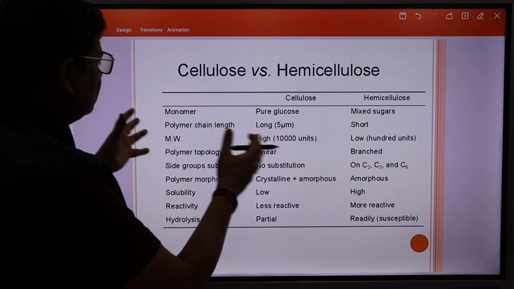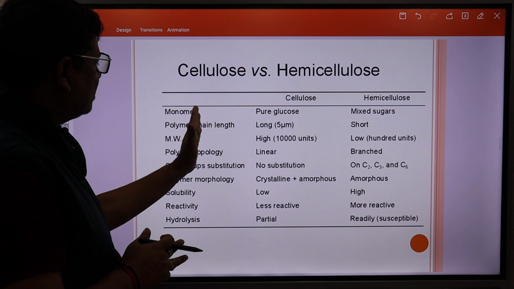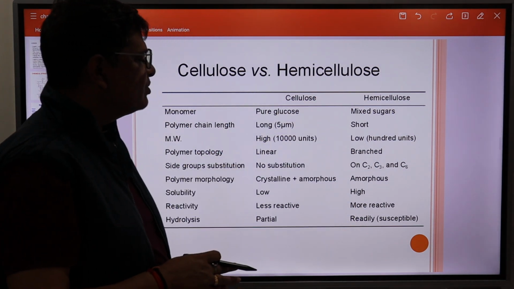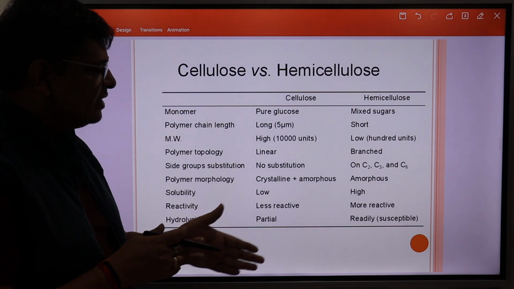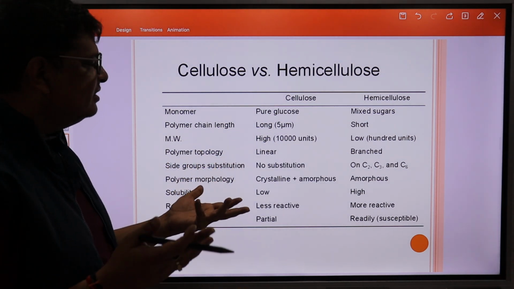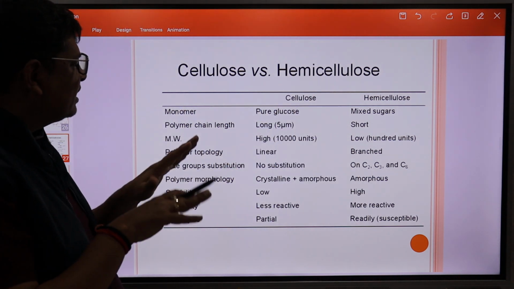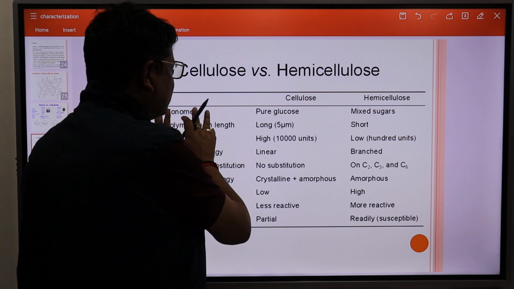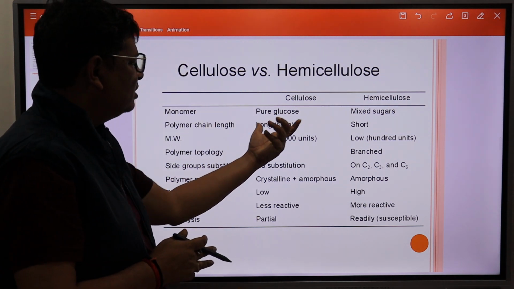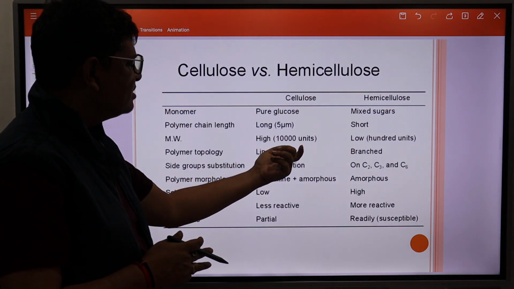Now, these two important candidates, cellulose versus hemicellulose: cellulose has a pure glucose monomer, while hemicellulose is mixed. If you see the structure of hemicellulose, it is very linear, for example the xylan chain. You'll find a very simple structure compared to cellulose, whose length is about 5 micrometers with 1000 units per coil.